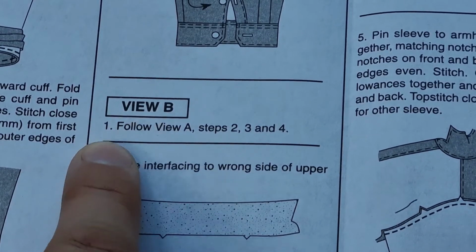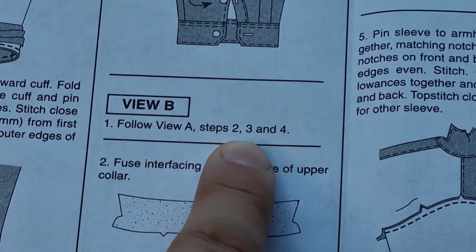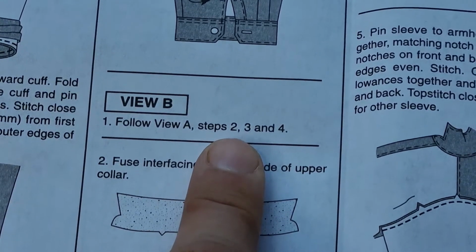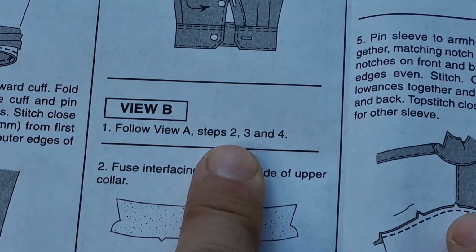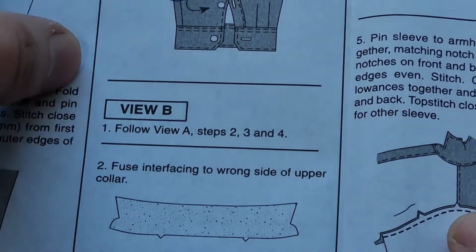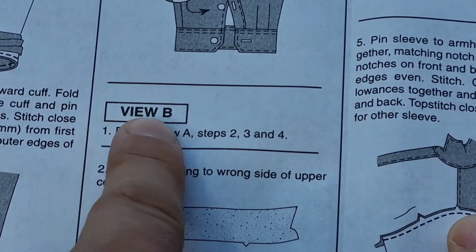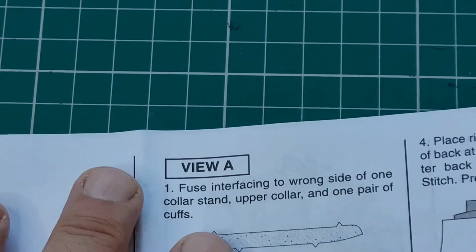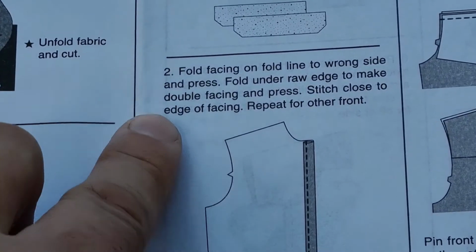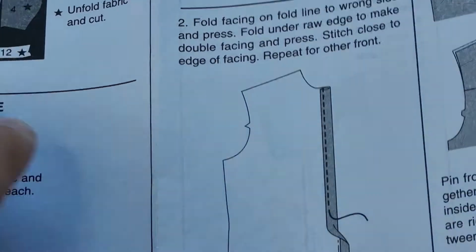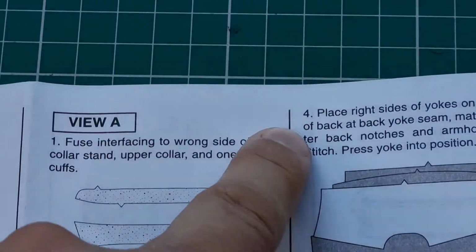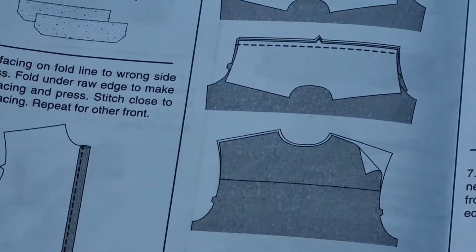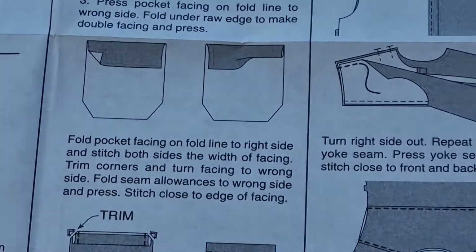So if I'm making view B, I follow view A steps 2, 3 and 4. So if I was making the short sleeve shirt and I was highlighting the numbers that I need to follow, I would highlight view B here, and then I would go back to step A, ignore that one and highlight that one, and then 2, and then 3, and then 4, which takes me all the way through to, I think, yeah, attaching the collar.